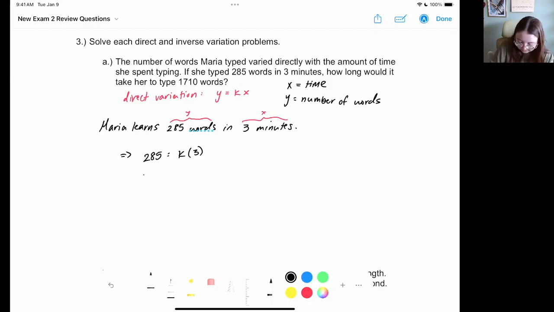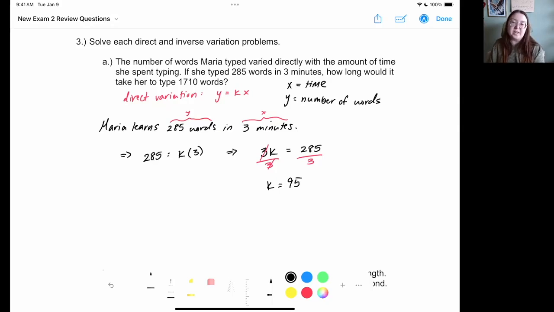And you can rearrange this if you like to make it a little easier. We can say 3k is equal to 285, because you can switch an equation if you'd like. And so to find k, we can divide both sides by 3 to solve for k. We get that k is equal to 285 divided by 3, which is equal to 95.